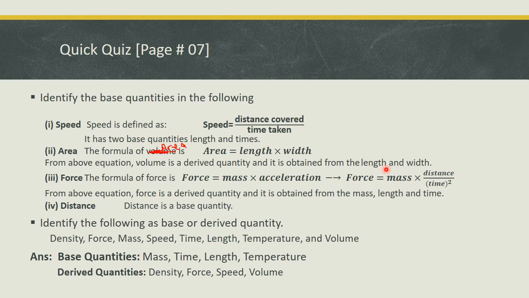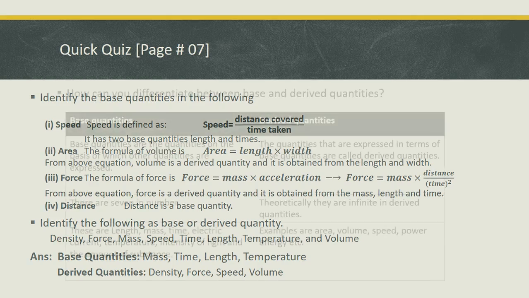We come to know from this equation that force has three base quantities, which are mass, distance or length, and time. Similarly, distance is already a base quantity, so we do not need to find any base quantity in it.